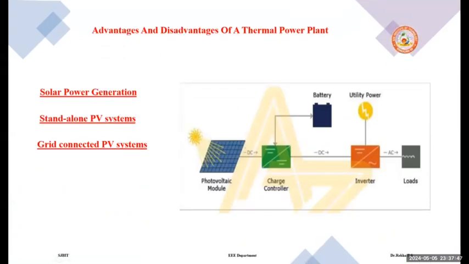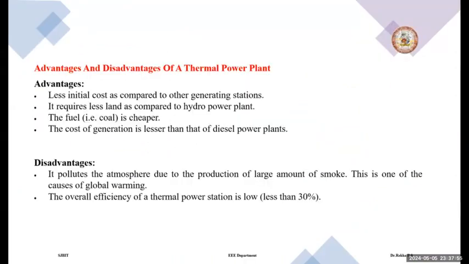Next, coming to the advantages and disadvantages of a thermal power plant. First, the advantages: it has less initial cost as compared to other generating stations, and it requires less land as compared to a hydropower plant.